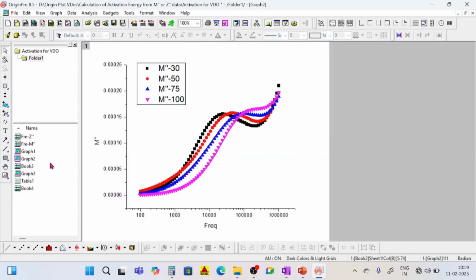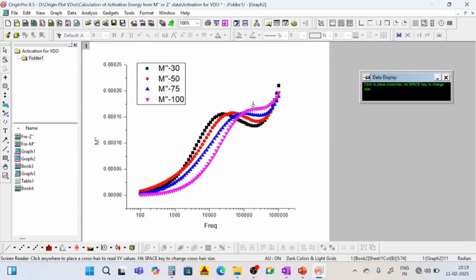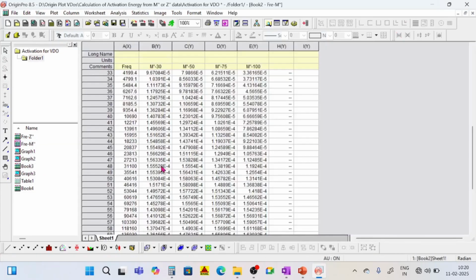So here you can see in the graph, this point is at around 21,000 frequency, and the M double prime value is around 1.56. So for that I have to search the data sheet for the exact value, around 21,000. Here 1.51, 1.54, 1.55, 1.56, 1.56, again it is reduced to 1.55.